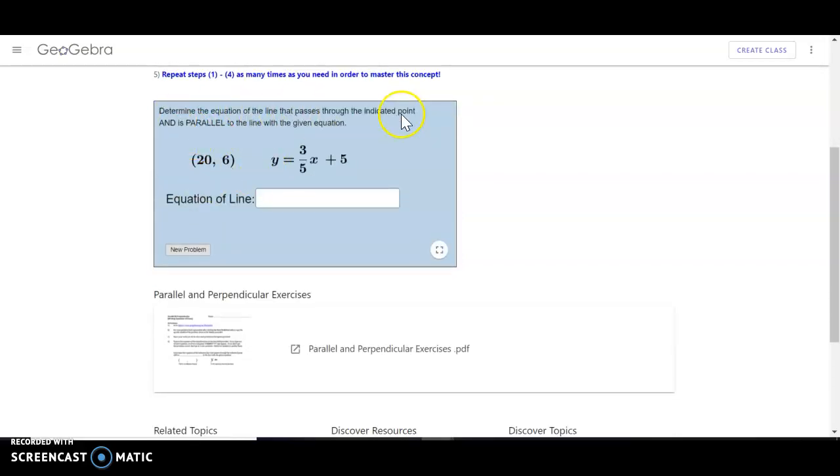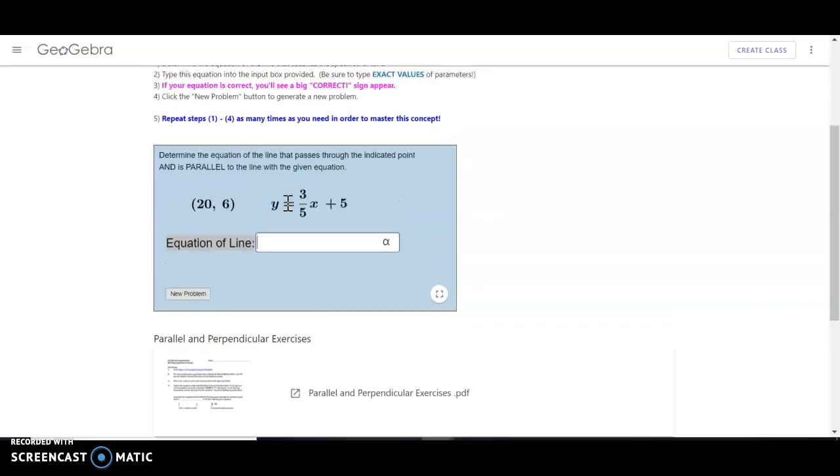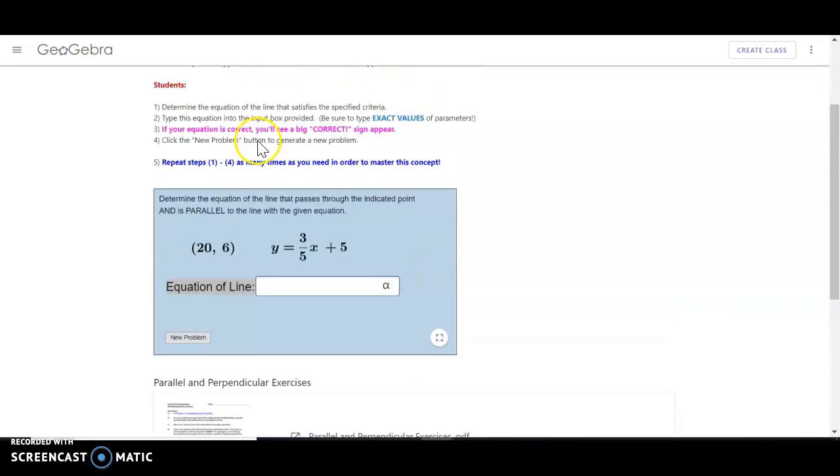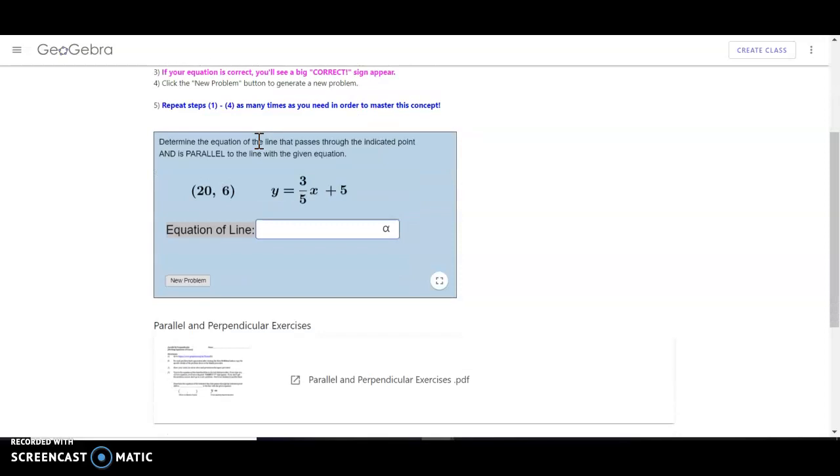Determine the equation of the line that passes through the indicated point and is parallel to the line with the given equation. So we can do some work on paper to figure out this answer.